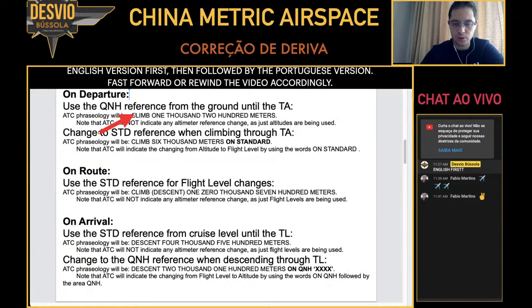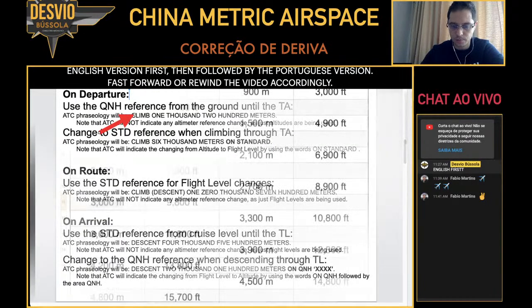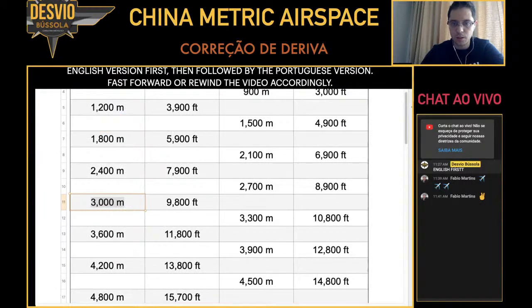So when you go to the table that I showed you before, which is this one, you can see, I will take here 1,200 meters. As I just selected, you reply to the ATC 1,200 meters, and you go to your altitude window and you set 3,900 feet.